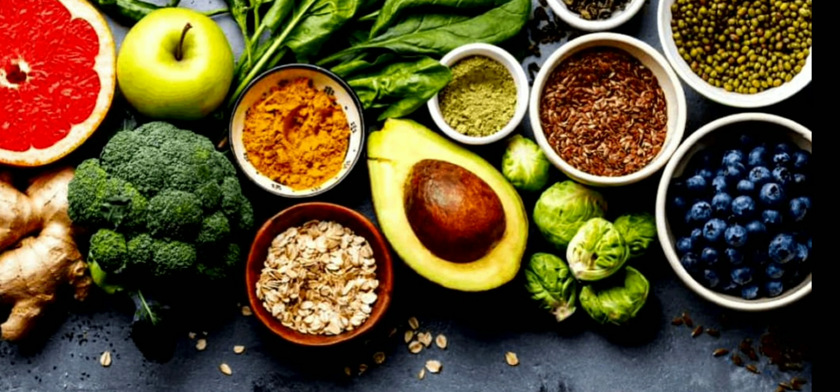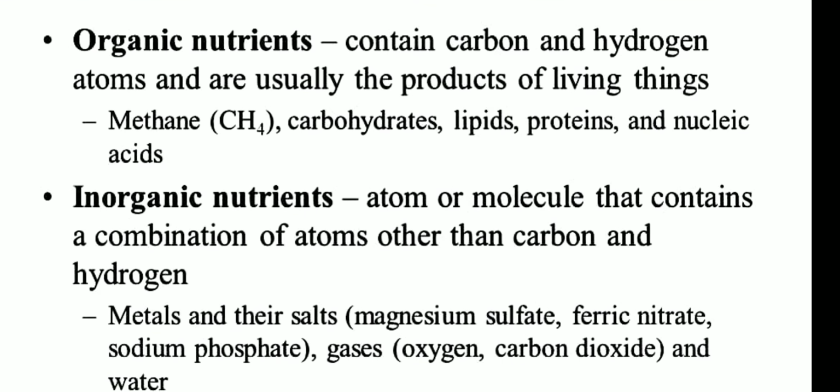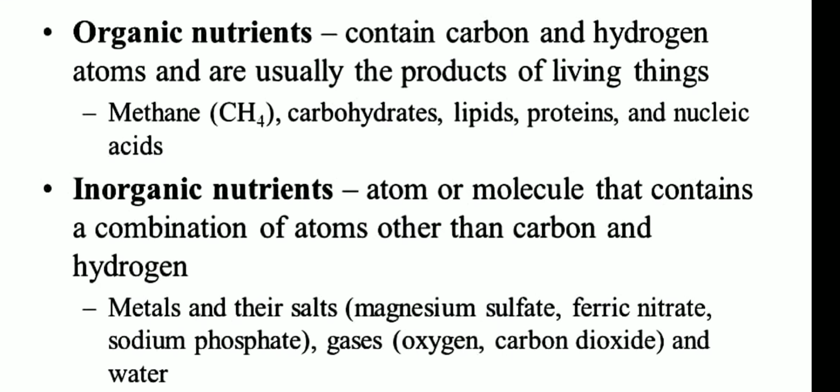Now nutrition and nutrients are different terms. Okay, remember the nutrients are organic or inorganic substances, but nutrition is a process. Now the nutrients are of two types, my dear students. I already told you they are of two types, organic as well as inorganic. Organic nutrients are the nutrients that contain carbon and hydrogen, which are collectively known as hydrocarbons, and are usually the products of living things or living beings.